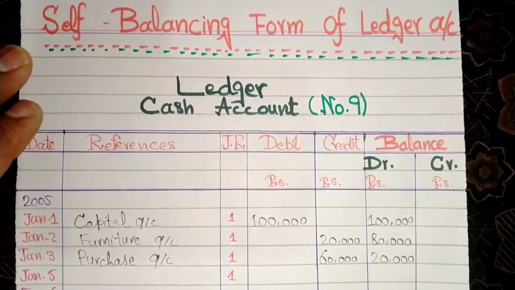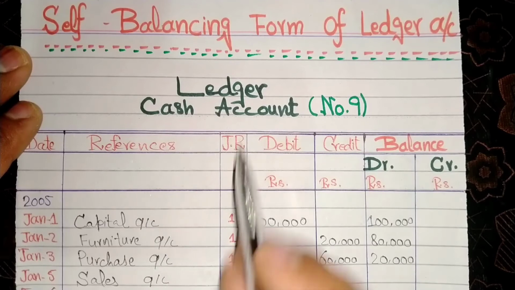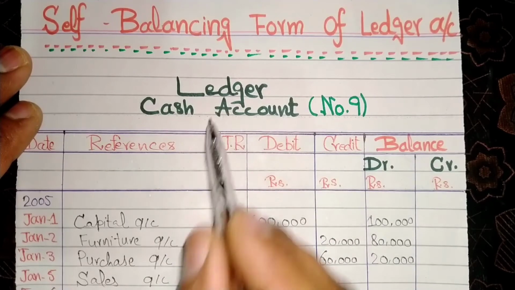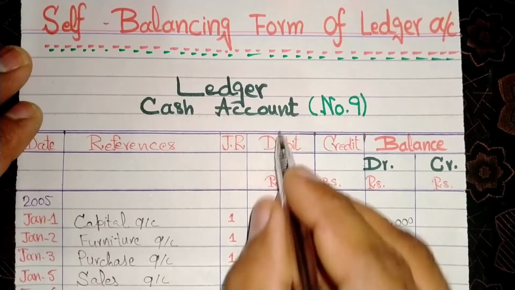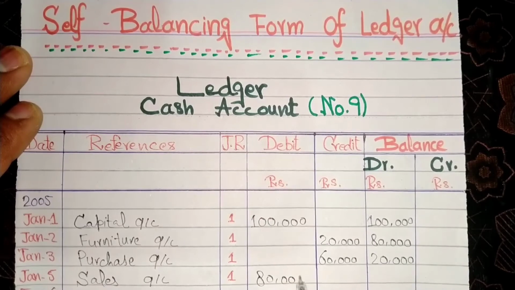Now we will move toward the next entry, which was sold goods for cash. So cash account debit by sales account. So we will write here sales account, cash account debit with sales account, with debit amount 80,000 rupees, right?